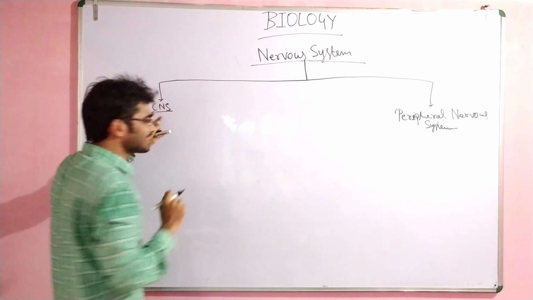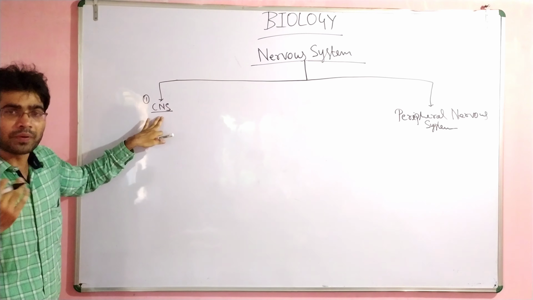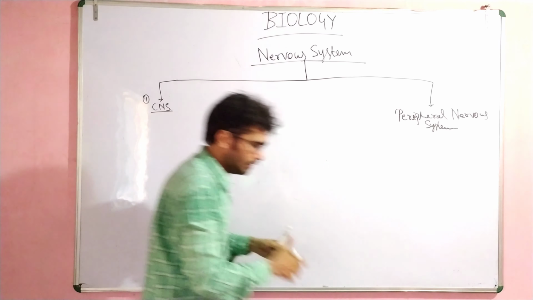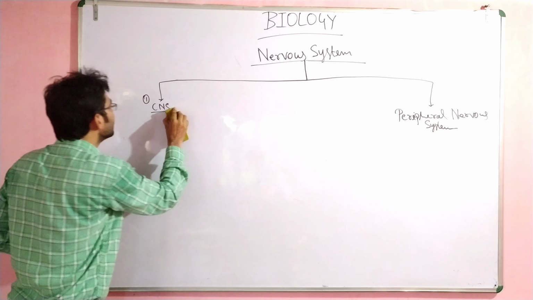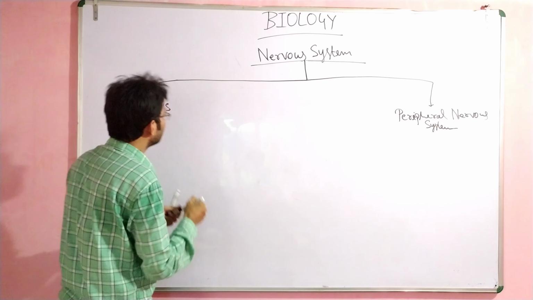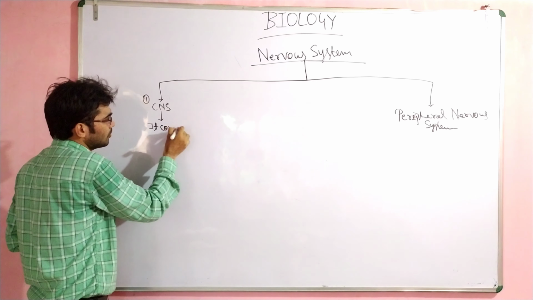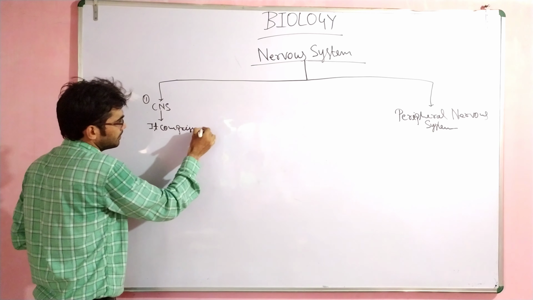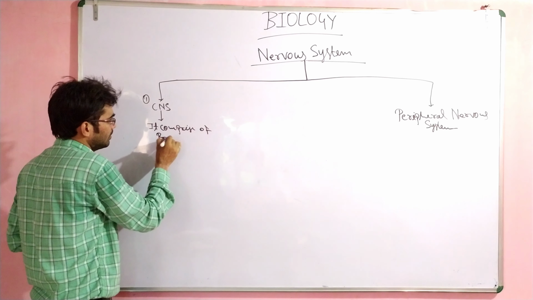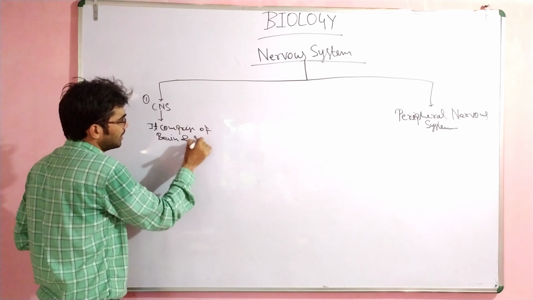The central nervous system comprises the brain and spinal cord.